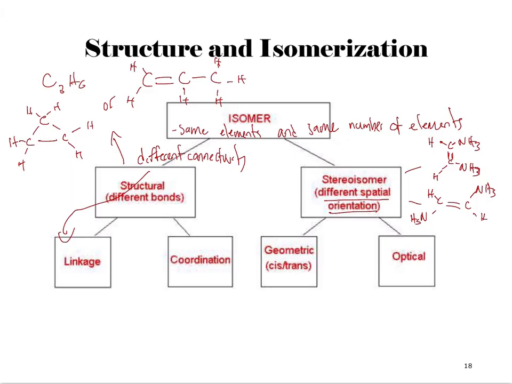How does this molecule interact with light? And then you can have geometric, where the spatial orientation is different. So these would be considered geometric isomers, and optical isomers are things that are going to be chiral, and they just interact with light differently.